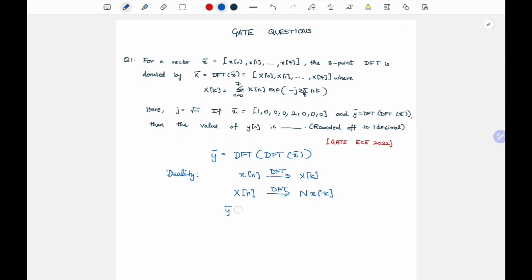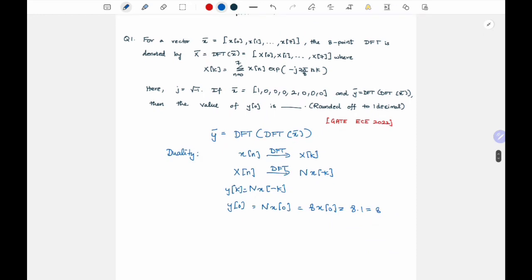So my y of n will be equal to N x of minus k, right? Y of n or y of k you can also write, because it is a DFT of DFT. And they are asking the value of y of 0. So my y of 0 is nothing but N into x of 0. Here N is nothing but 8 point DFT. So N x of 0. X of 0 is 1. So 8 into 1 is 8. So your answer is 8.